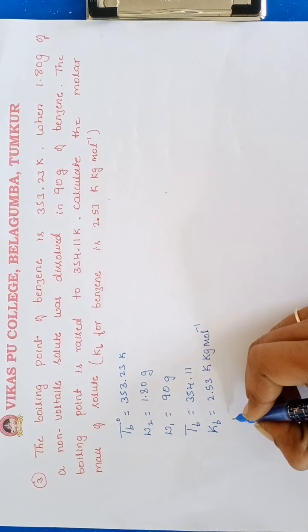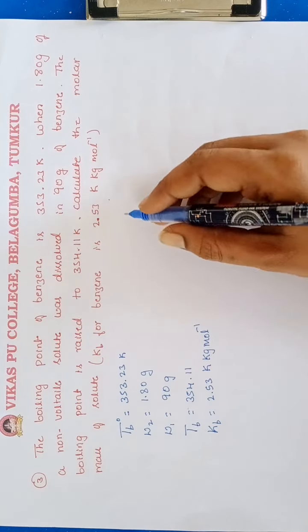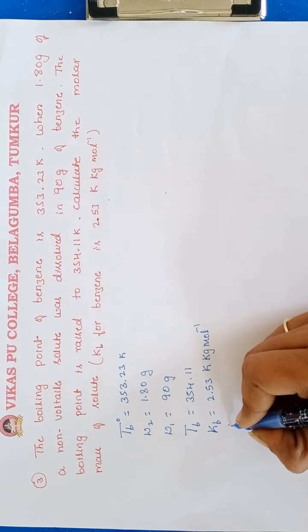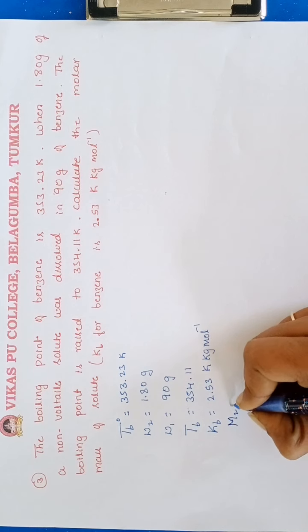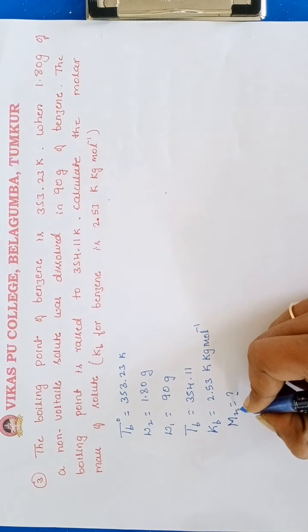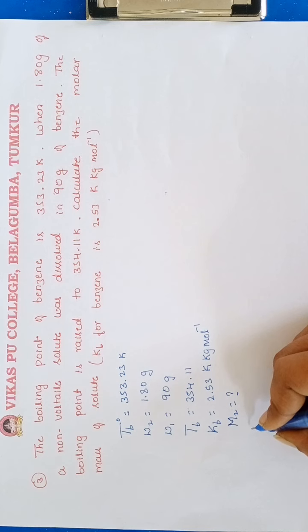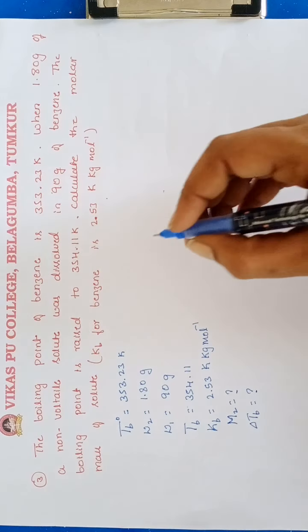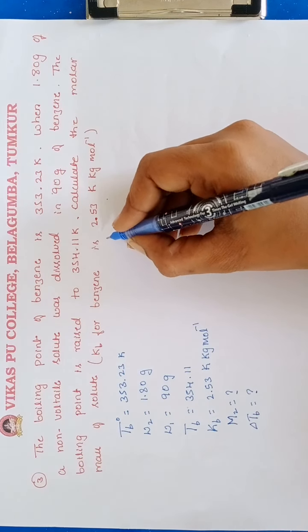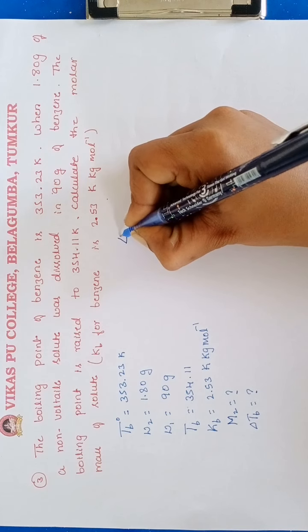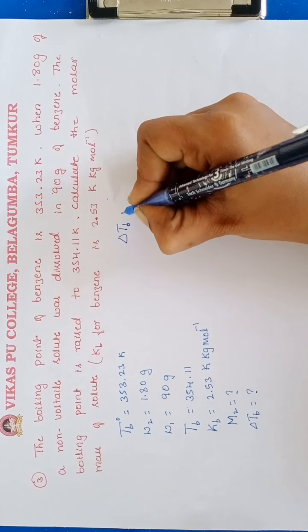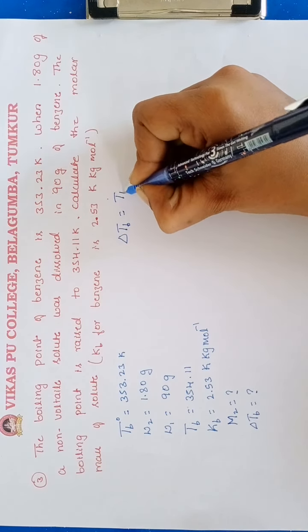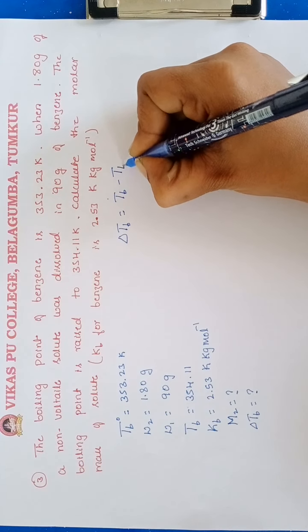We should calculate the molar mass of the solute, M2. Before calculating M2 we should calculate the delta TB, that is the rise in the boiling point. We know the formula: delta TB is equal to TB minus TB naught.